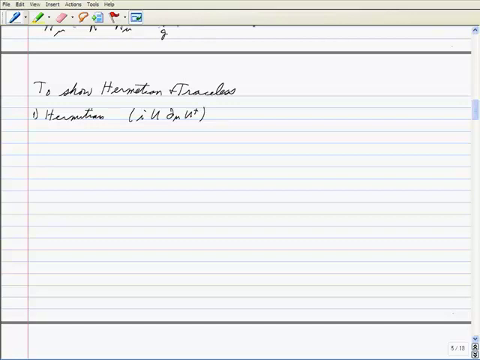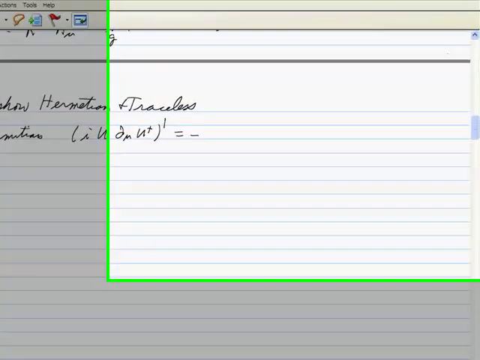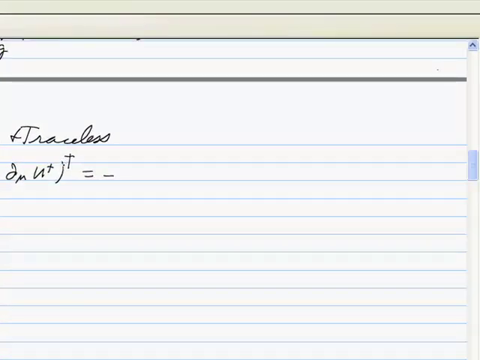If I take the Hermitian conjugate of that, I get minus I d mu U U dagger. Notationally it doesn't look Hermitian.